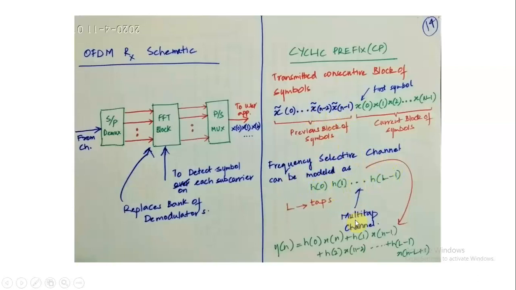So how does this affect the received symbol? It has memory. So yn would be equal to h0 into xn plus h1 into xn minus 1, the previous symbol, and h2 into xn minus 2 and so on up to hl minus 1 into xn minus l plus 1.